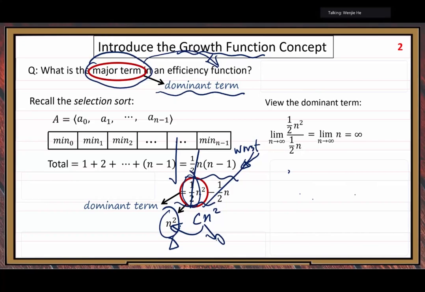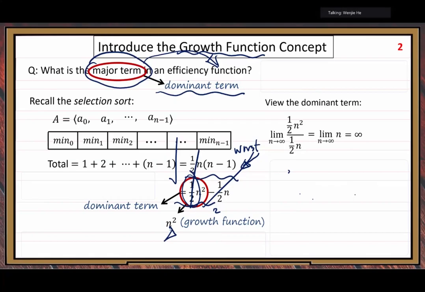All right. So, I still have some time. So let's continue. Now we are ready to define the concept, the growth function concept. What is the growth function? So the function that we use as a representative of the category, we call it a growth function. Because this function is important, right?